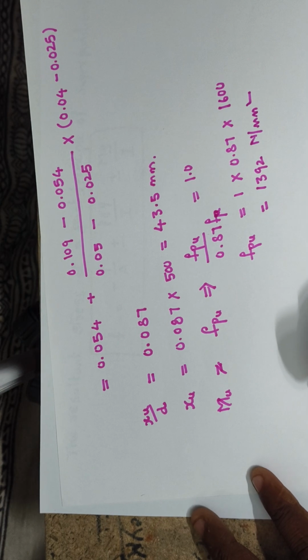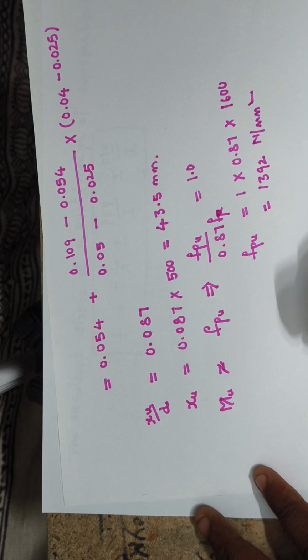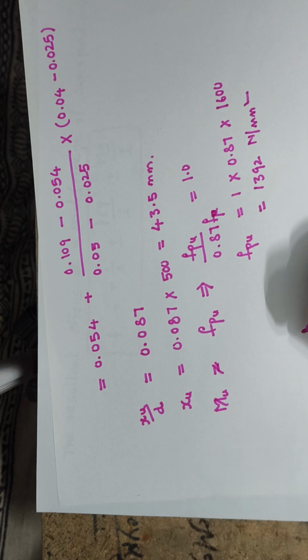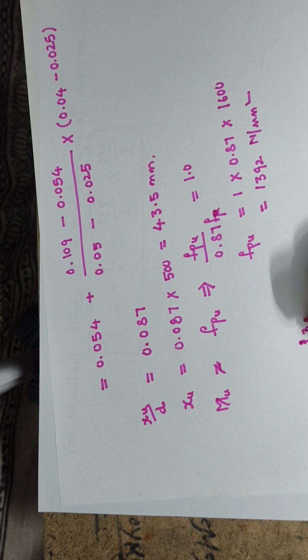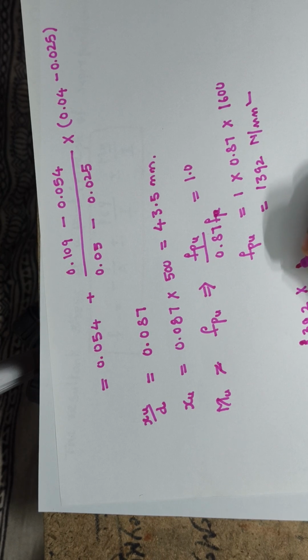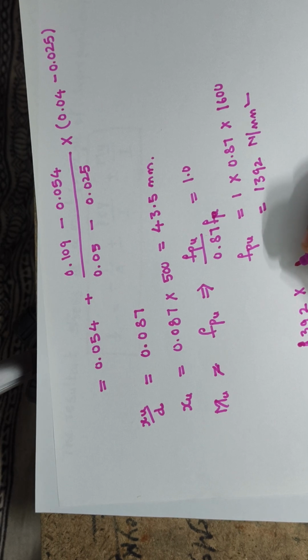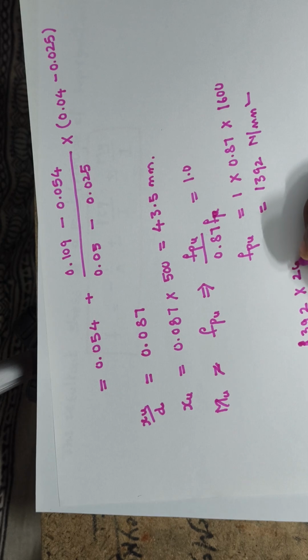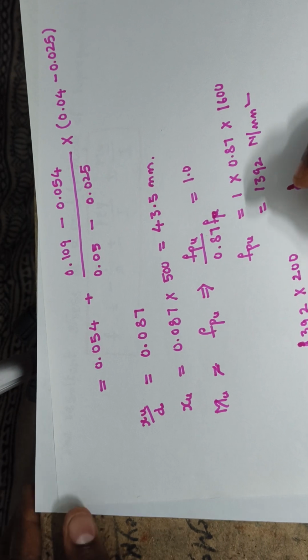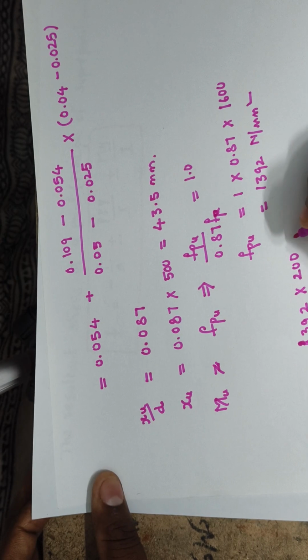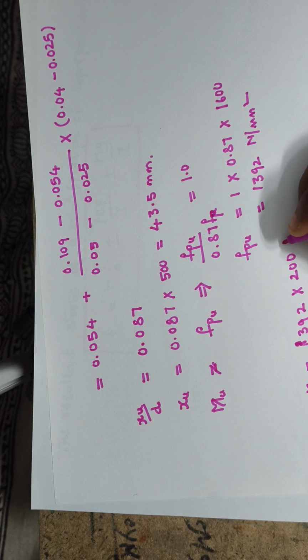Now we can determine the Mu. Mu is equal to FPU. FPU means 1392 into area of prestressing steel. What is the area of prestressing steel? It is given as 200 into D minus 0.42 XU.